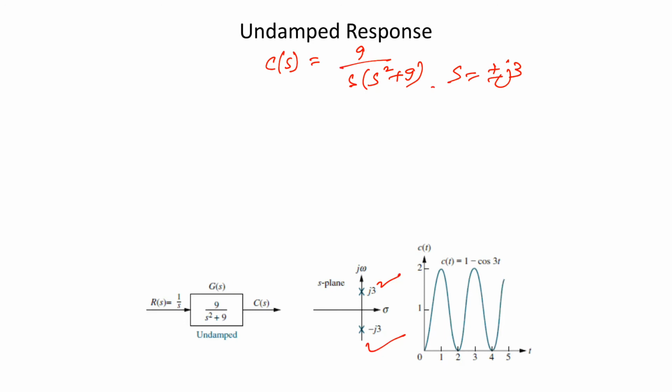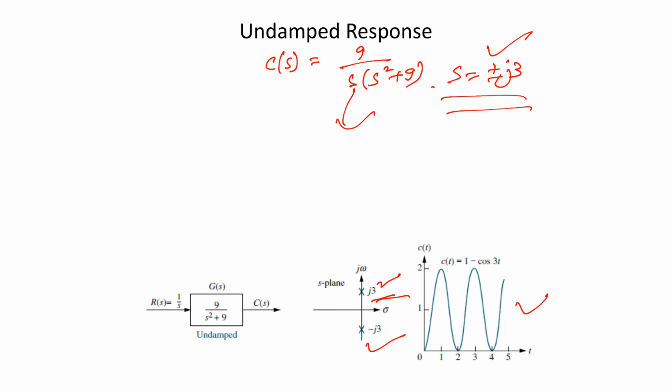It also has one pole at the origin, which comes from the unit step input. The input pole at the origin generates a constant forced response, and the two imaginary system poles on the imaginary axis generate a sinusoidal natural response whose frequency is equal to the location of the imaginary poles, that is 3.